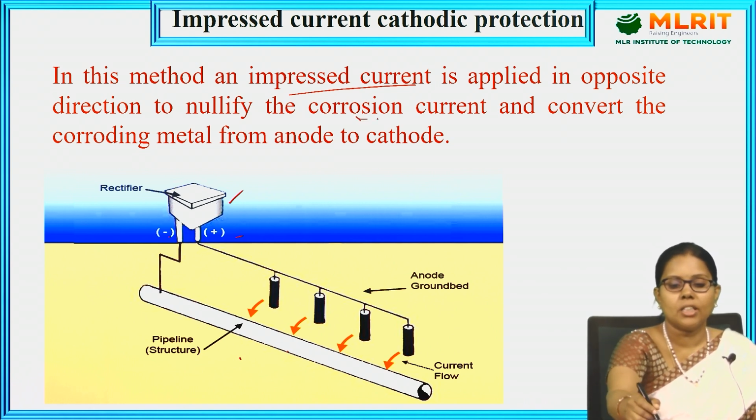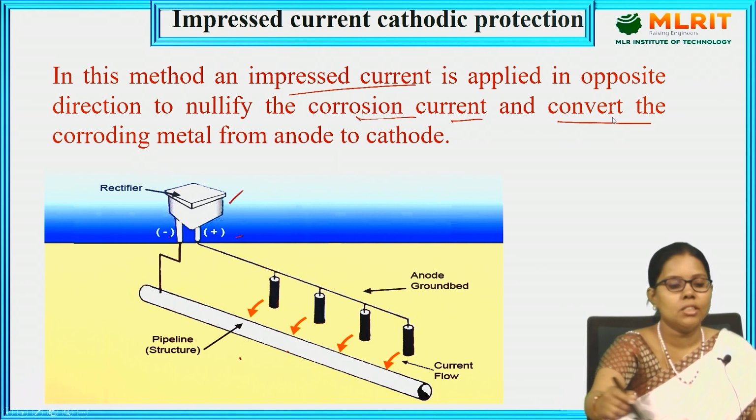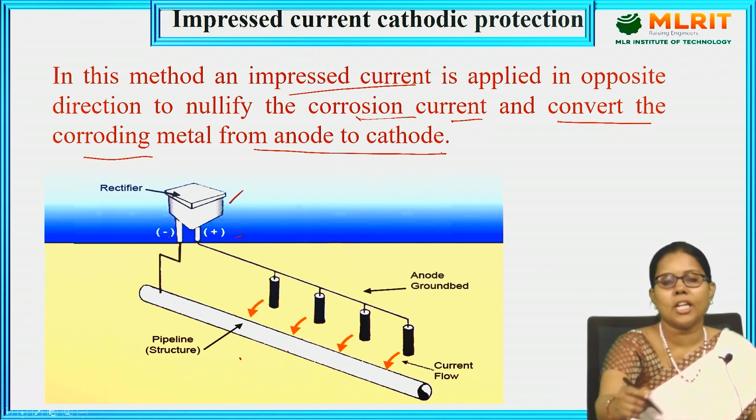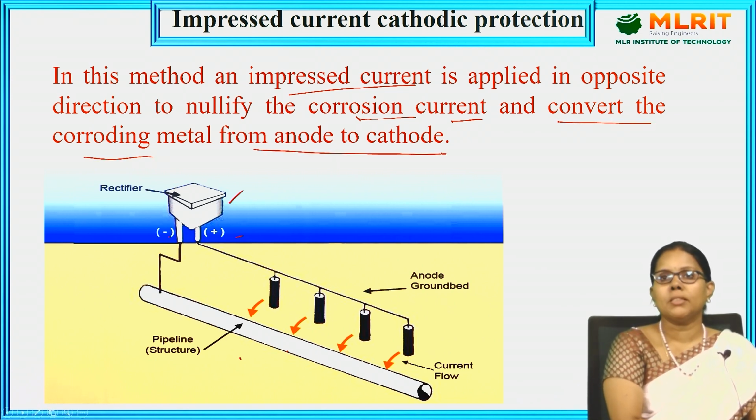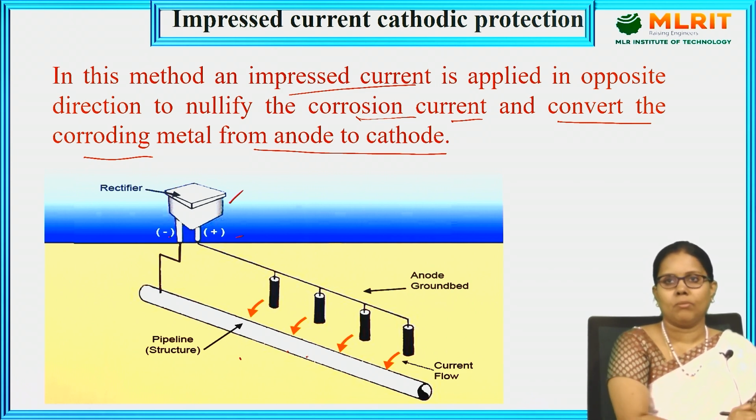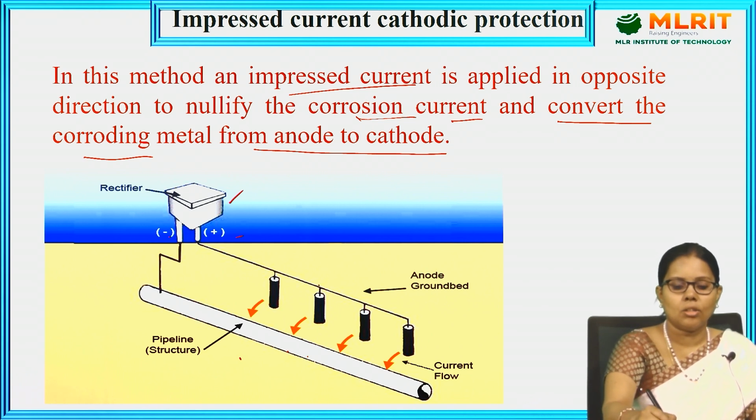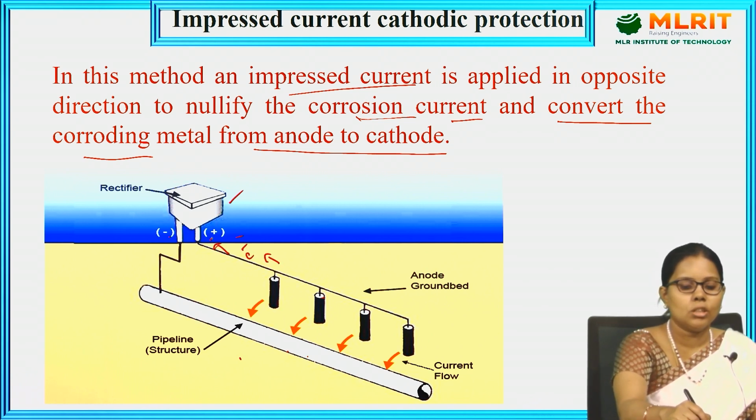To nullify the corrosion current and convert the corroding metal from anode to cathode, we supply the impressed current just a little amount greater than the corrosion current to this pipeline. See the electrons, this is the anodic metal which releases the electrons. The electrons move from this side to this side.